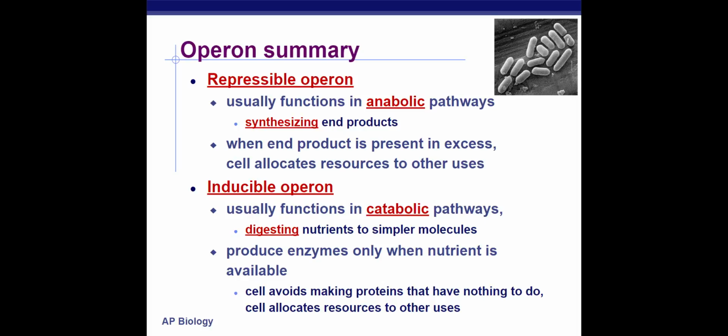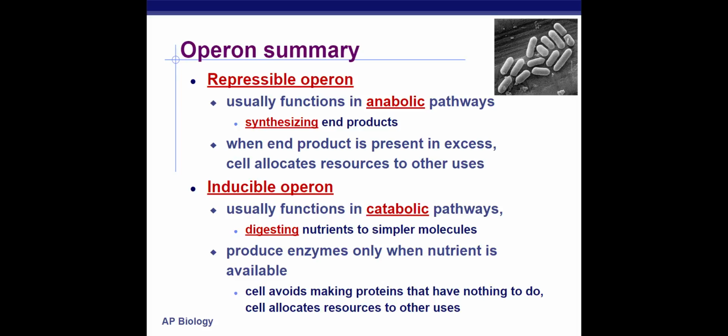Inducible operons are typically catabolic pathways. All of a sudden something's present, and we can break it down for nutrients. We need to induce that operon, turn it on so that we can break down that food and get energy. But we don't want to waste energy making those enzymes if that food's never present, like if lactose is never around.